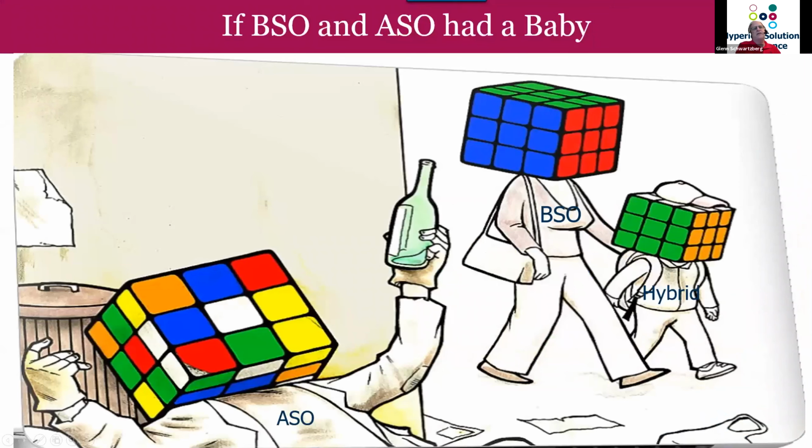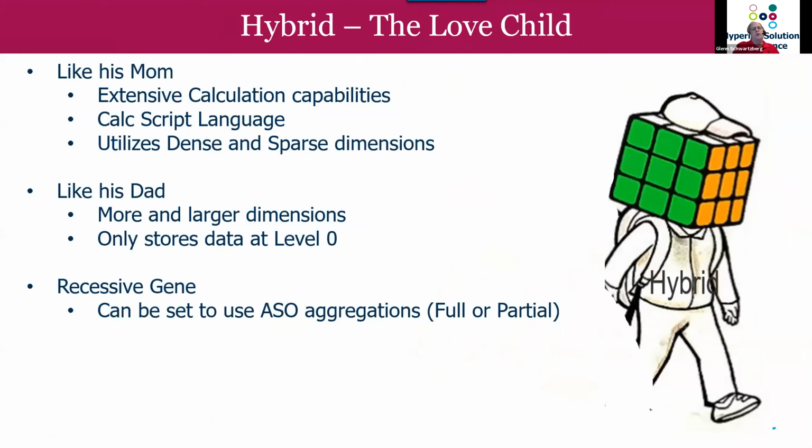So what happens if BSO and ASO had a baby? So what we're going to get is hybrid, and hybrid really is the love child of BSO and ASO. So like his mother, we get extensive calculation capabilities. We have the CalcScript language available.